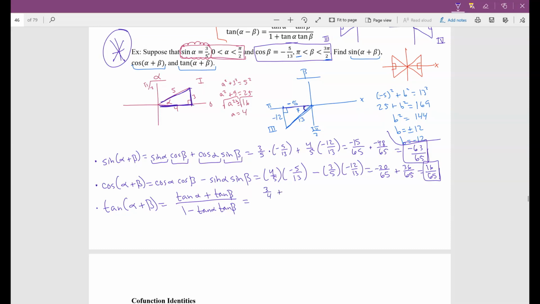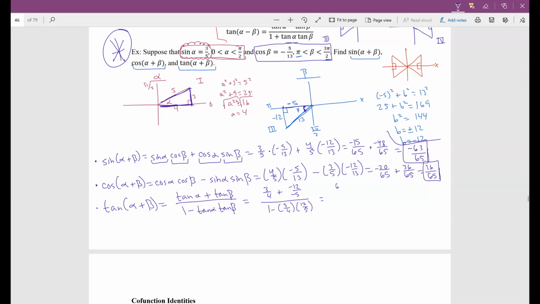The tangent of beta is going to be this negative 12 over negative 5, which is basically a positive, divided by 1 minus 3/4 times 12 over 5, which is basically a positive.